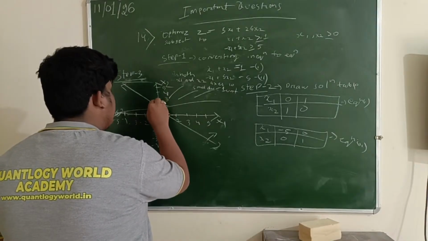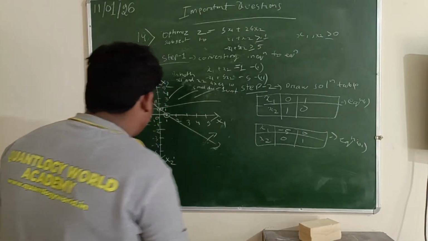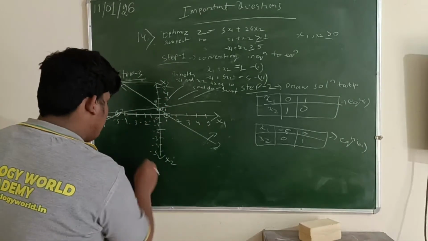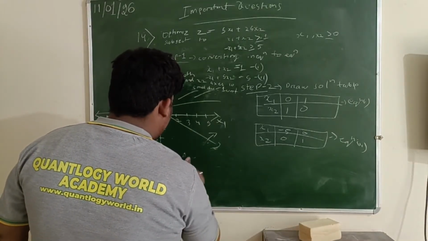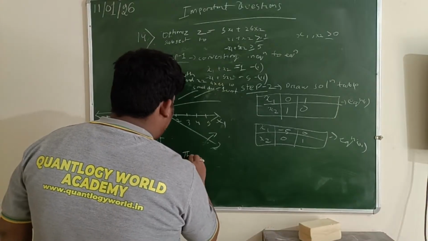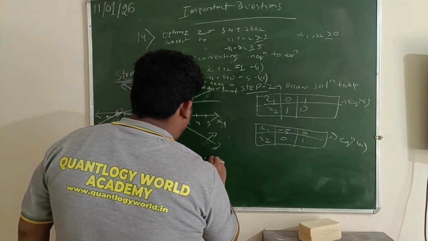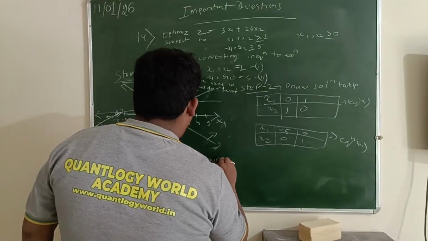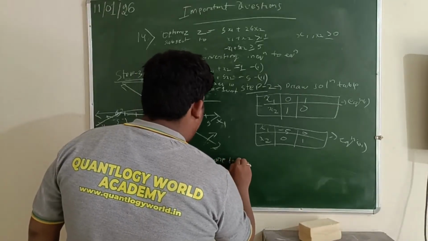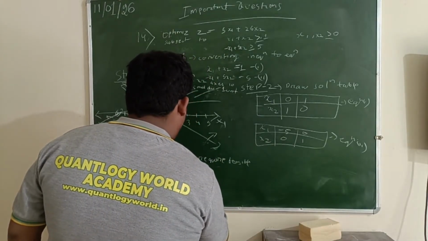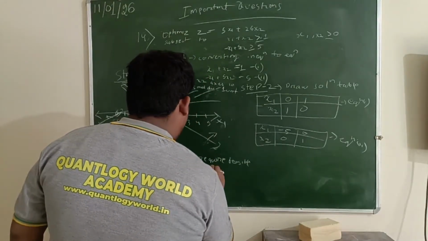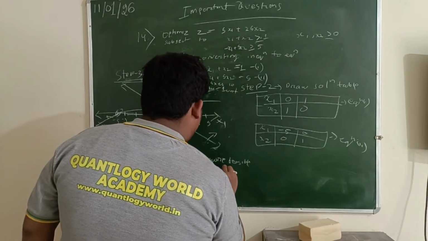This point we will take as A. Here we will write the required feasible region is unbounded.